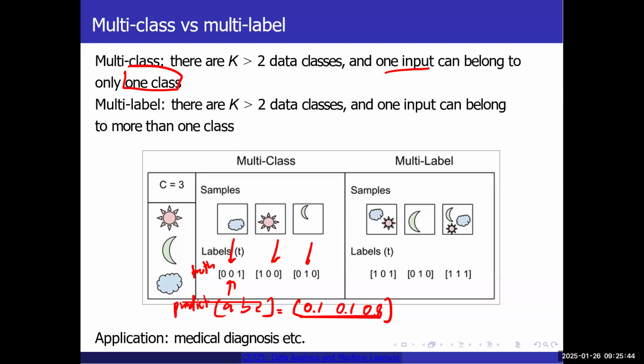You have three numbers, and then you can compare this to the ground truth, right? So if your prediction is perfect, it's going to be 0, 0, 1. But if it's not perfect, it's going to be any numbers that sum to 1, right? And then you can compute the accuracy using the difference in the vector.